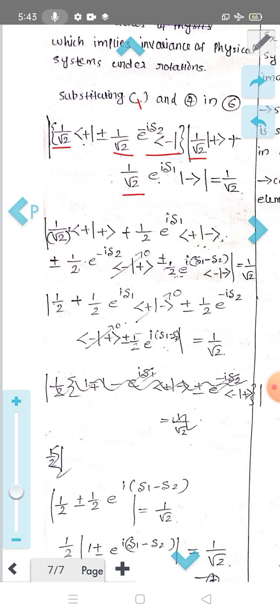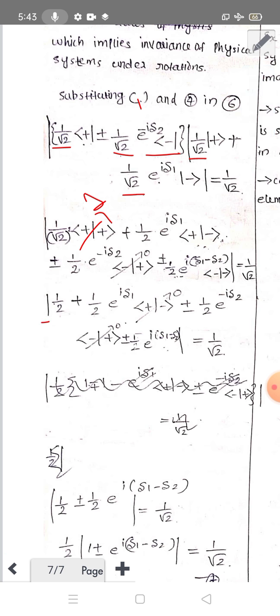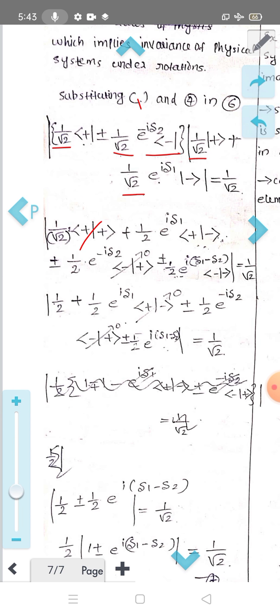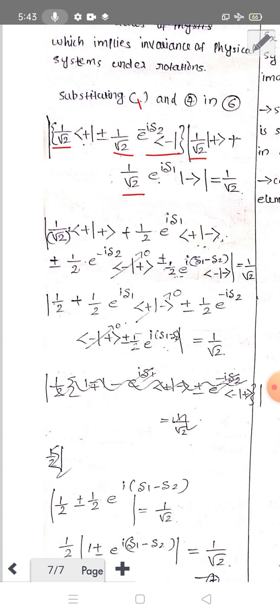So in the next section, this is the inner product with the same ket, it is 1, so we will get 1 by 2, then plus this is actually 0 because of the orthogonality, the different eigenkets are orthogonal, so that is 0.